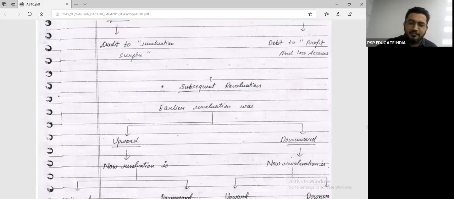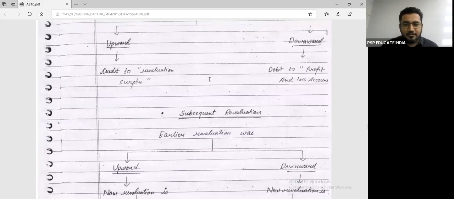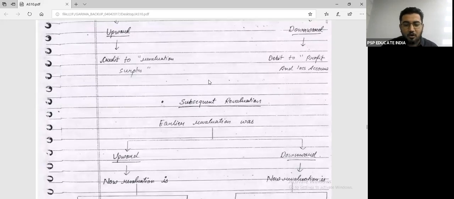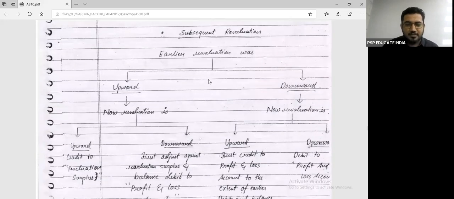If the earlier revaluation was upward and now also revaluation is upward, you will follow the same treatment, credit to revaluation surplus account. If earlier the revaluation was upward and now the revaluation is downward, then you will first adjust against revaluation surplus and the balance you will debit to the profit and loss account.